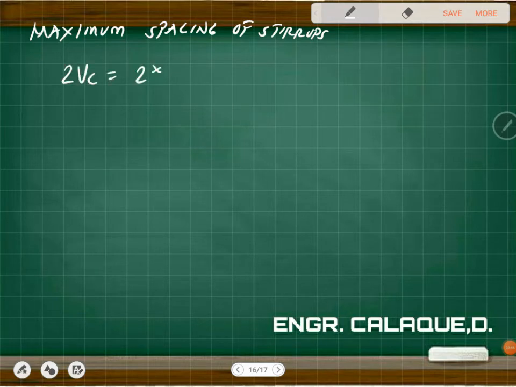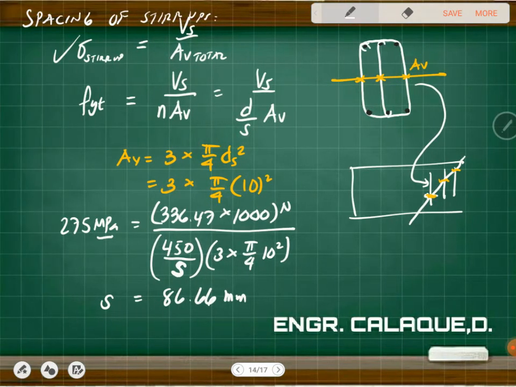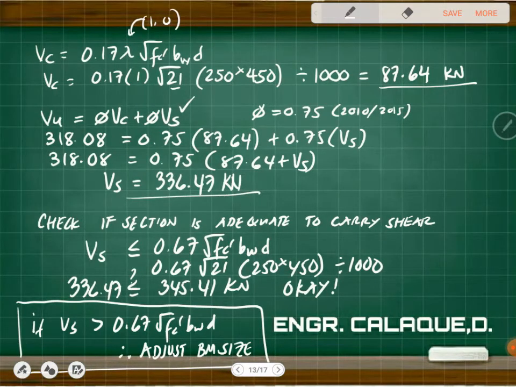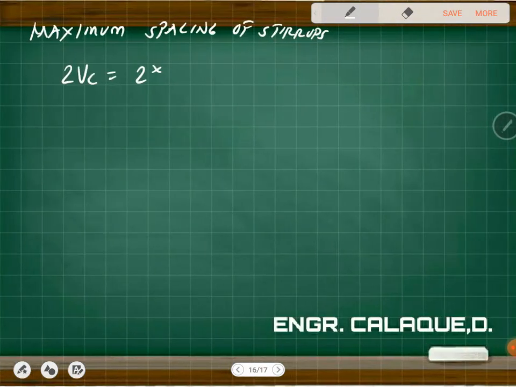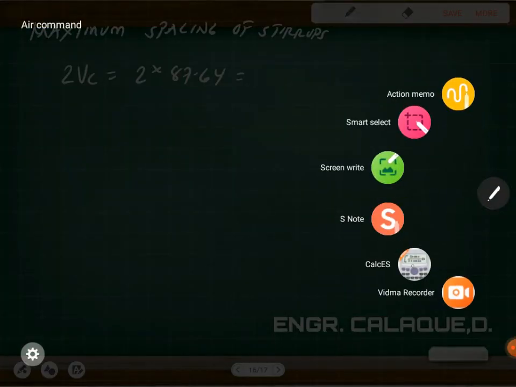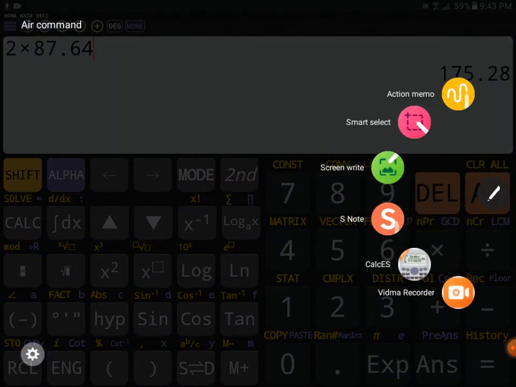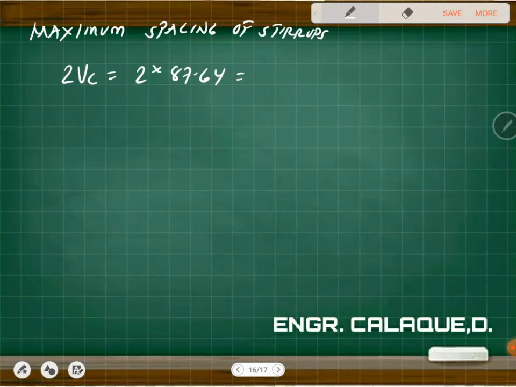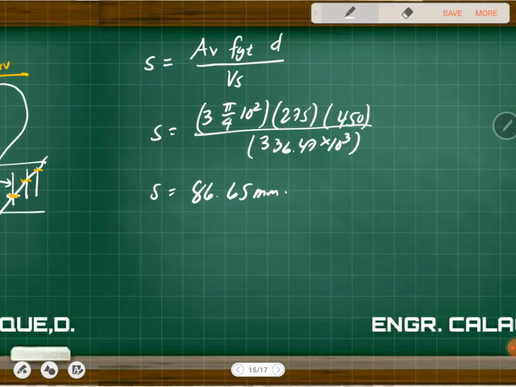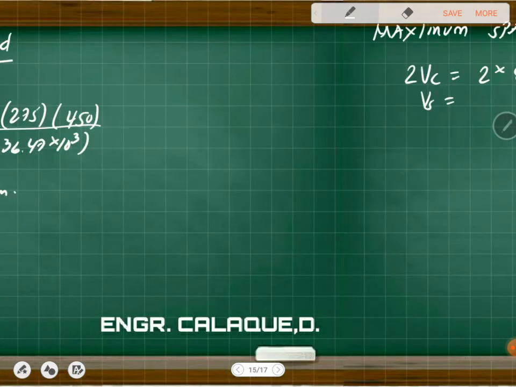So, 2 times yung VC natin, that is 87.64. So therefore I have 2 times 87.64, 175.28 kilonewton. And then yung VS natin, that is 336.47.